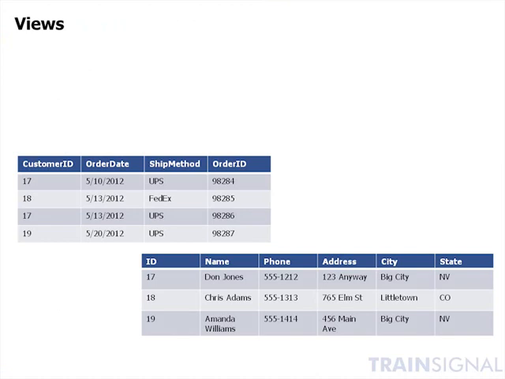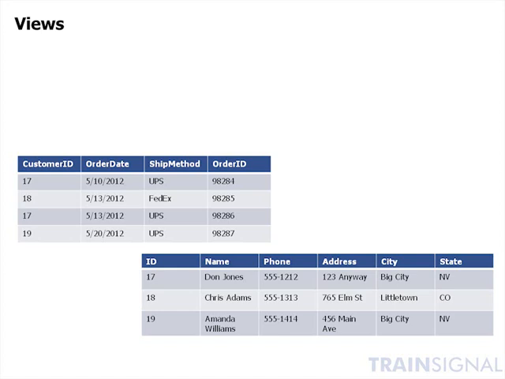Here's an example. At the bottom of the screen, I have two tables. The one on top appears to contain information about customer orders, including their shipping method, the order ID, and the order date. The table on the bottom appears to include information about the customers themselves. Now let's say I have some users within my organization who need to look at a combination of this data.